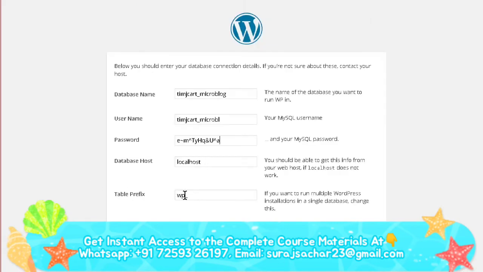And then your table prefix, do change this. I'm going to call it MB for microblog. That's just a security matter. You want to make the table prefix different. The reason this is here is so that you can install multiple WordPress blogs into one database. So if your server only allows you a small number of databases or one database, you can put all of your WordPress installs in one single database just by having different table prefixes at the front here. Okay, so let's submit.